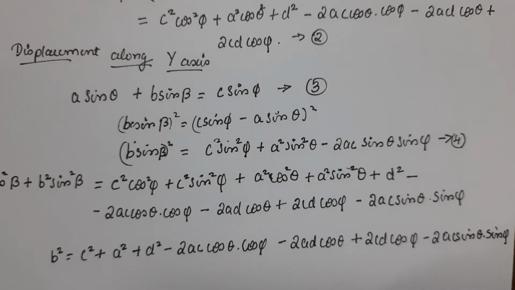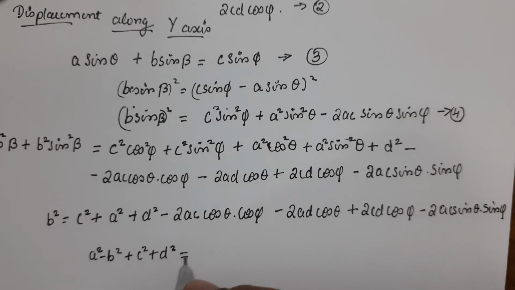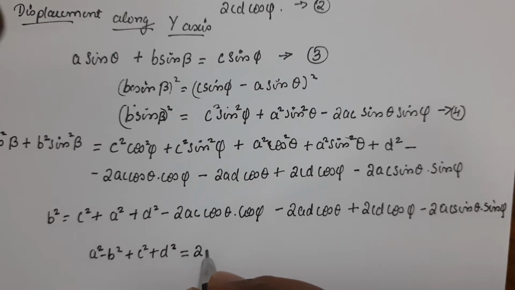Okay, now let us consider this particular equation over here. We'll take a square minus b square plus c square plus d square equal to 2k.